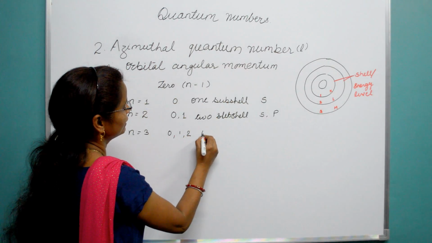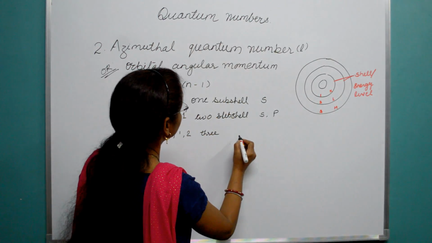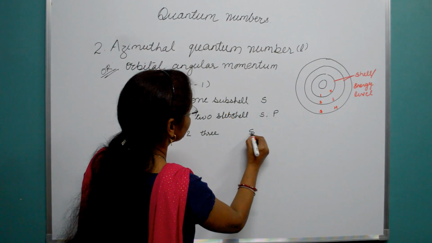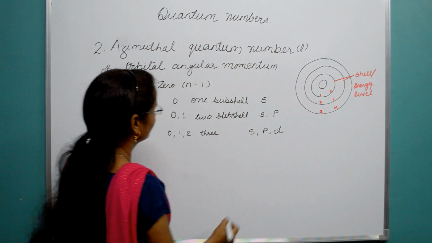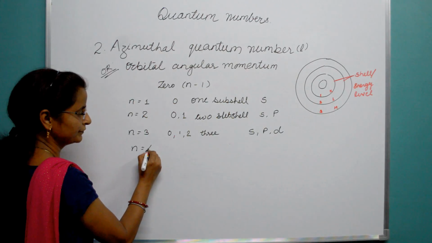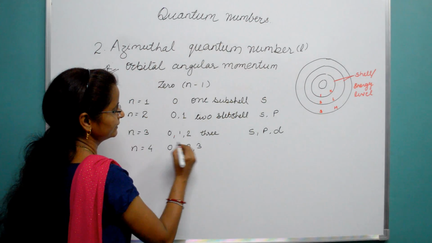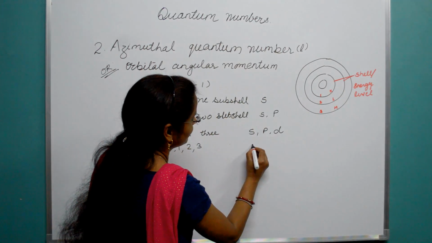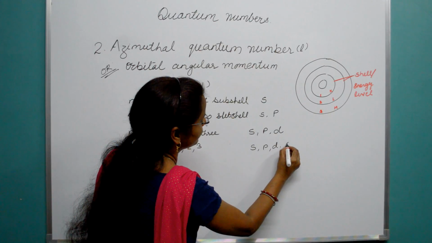So three subshells are present: S, P, and D. And if n is equal to 4, then 0, 1, 2 and 3, so the subshells are S, P, D and F.